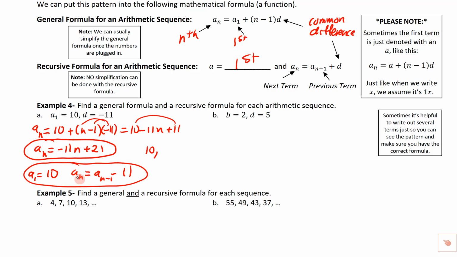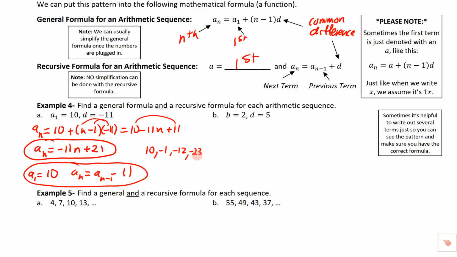And then this says, to get the next one, I take the one before it and I subtract 11. So this would be negative 1. And then I'd take the one before it and I'd subtract another 11. Again, to get to the next one, we take the previous one, and we subtract 11. So this is going to be negative, what do we get there? Negative 12. So if I want the fourth one, I take the third one and I subtract 11 from it, so I end up with negative 23.